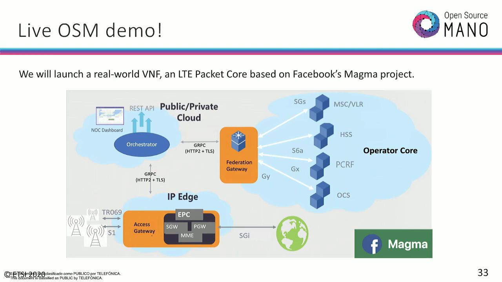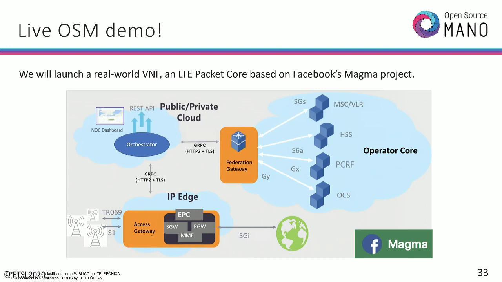In this demonstration, we already have an orchestrator deployed, and we will deploy many access gateways, simulating that an operator needs to deploy virtual packet cores in many places at a time. This access gateway, in the concept of Facebook Magma, runs an S-gateway, a P-gateway, and the MME, everything embedded in a single machine. Okay, so we will be deploying that.